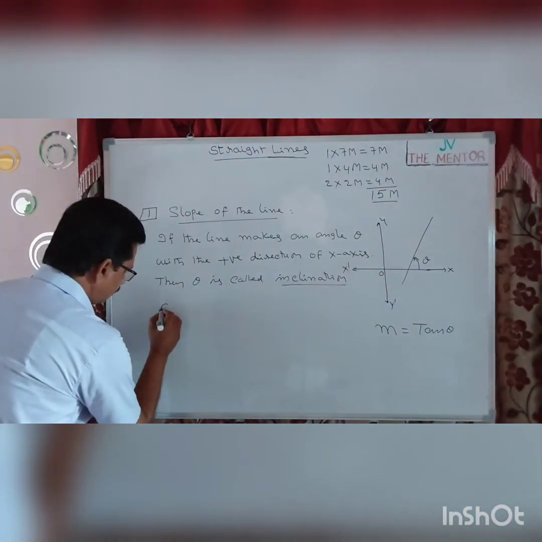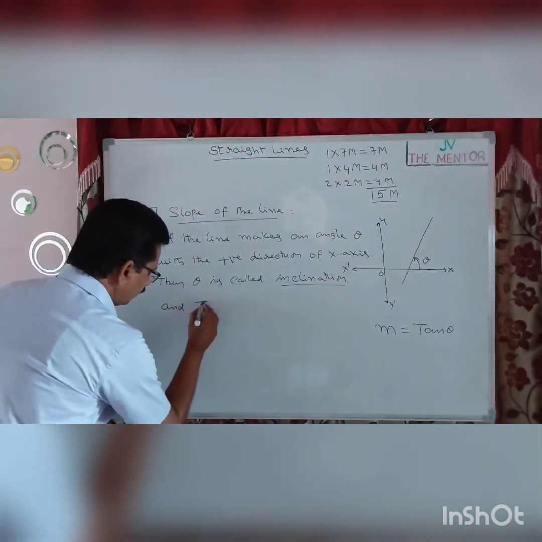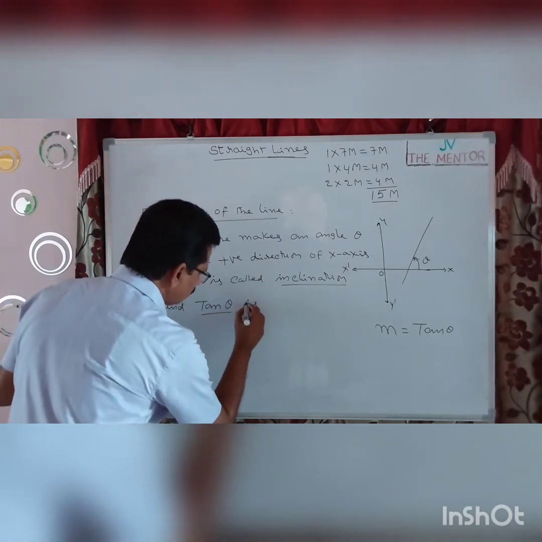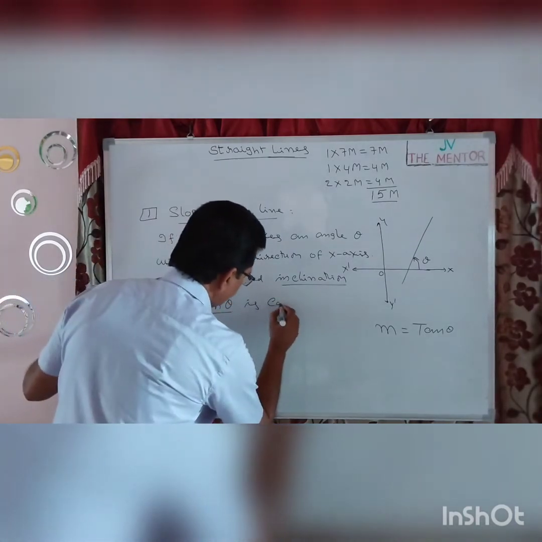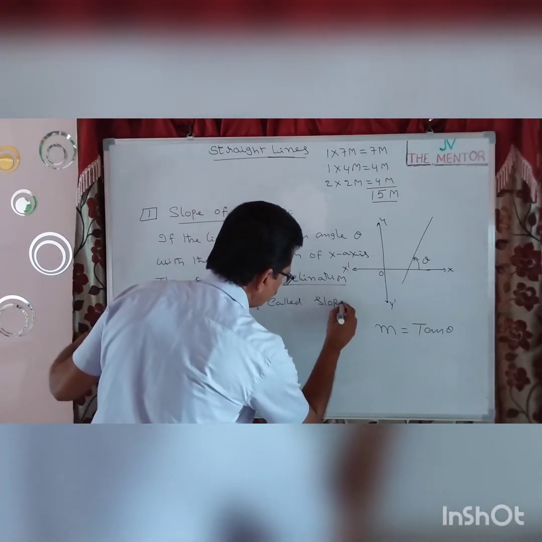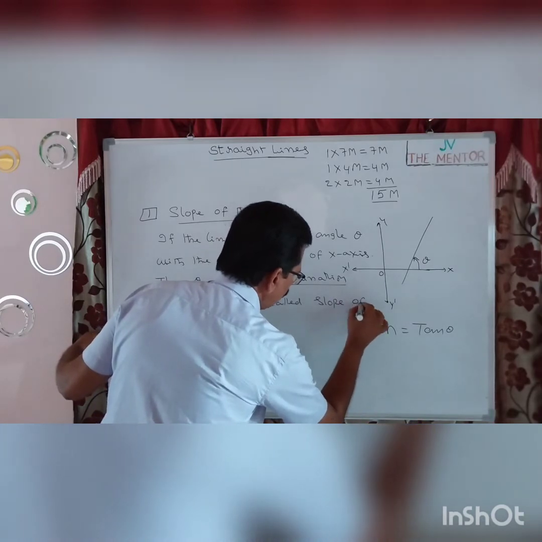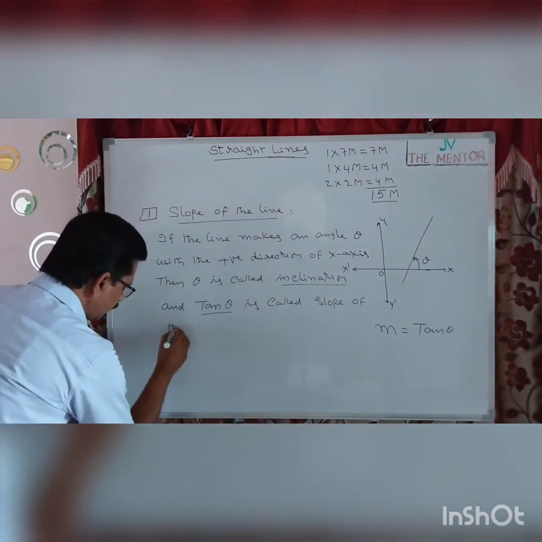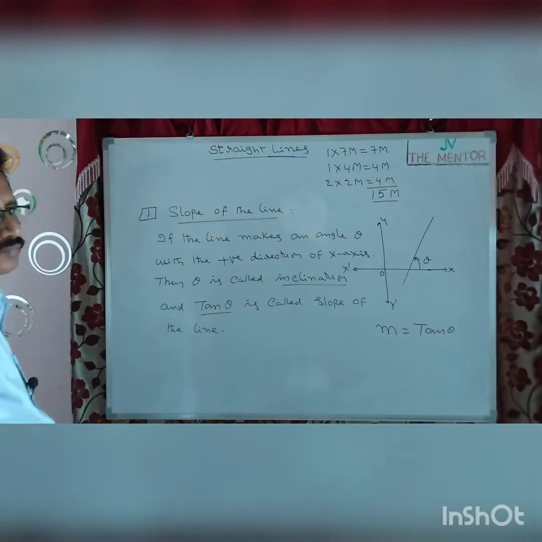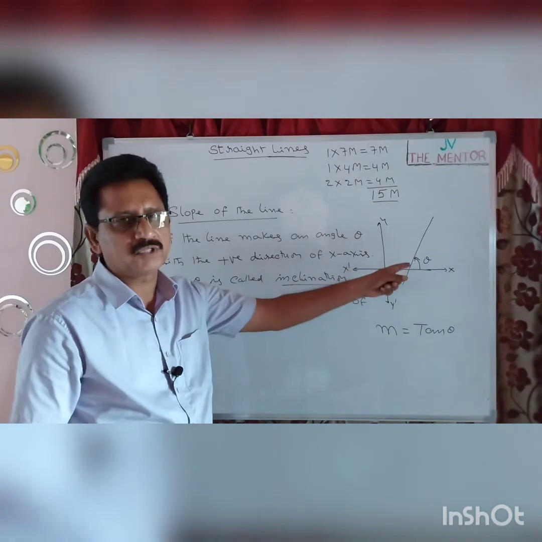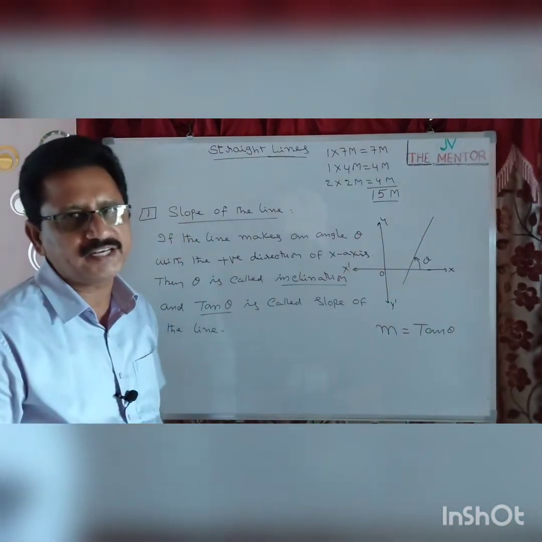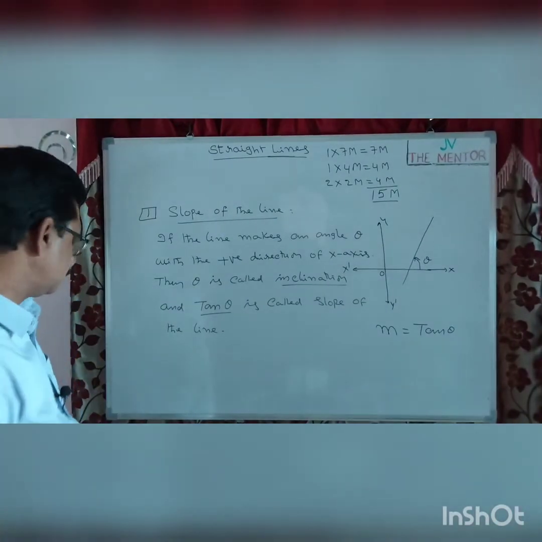Tan theta is called the slope of the line. If theta is the inclination of the line, then tan theta is the slope of the line. Generally, the slope of the line is denoted by m.